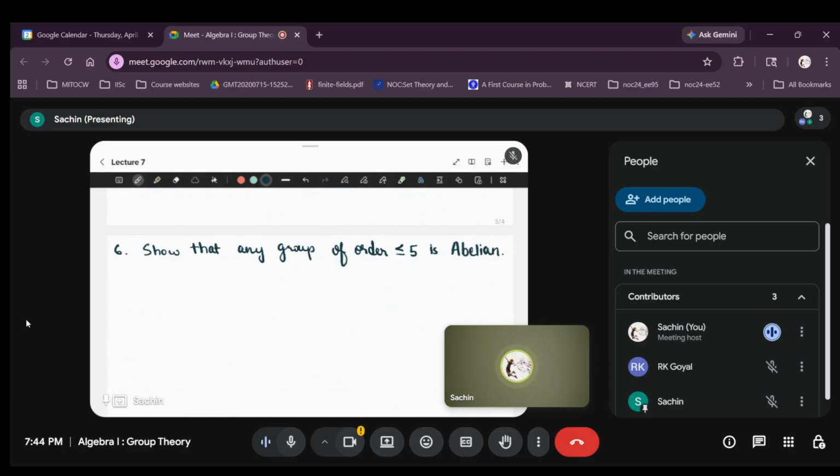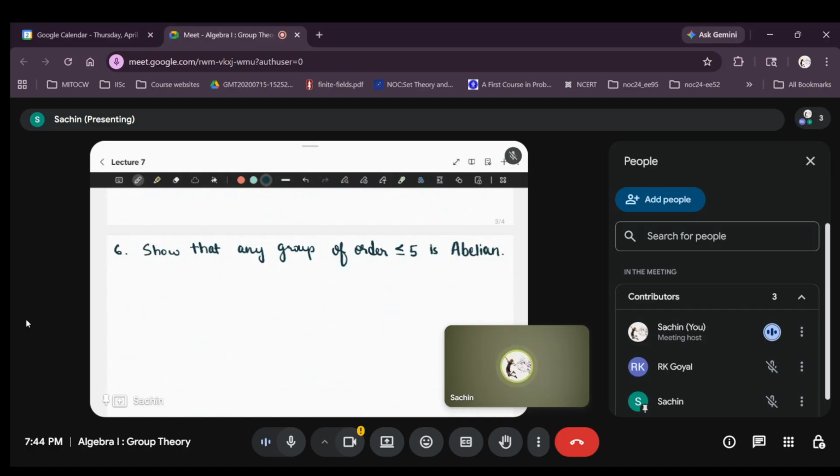Then F5 and F6 changed all the elements. F5 sent 1 to 2, 2 to 3, and 3 to 1. F6 sent 1 to 3, 2 to 1, and 3 to 2. And we saw that that group was not abelian. So we have a group of order 6 which is not abelian.